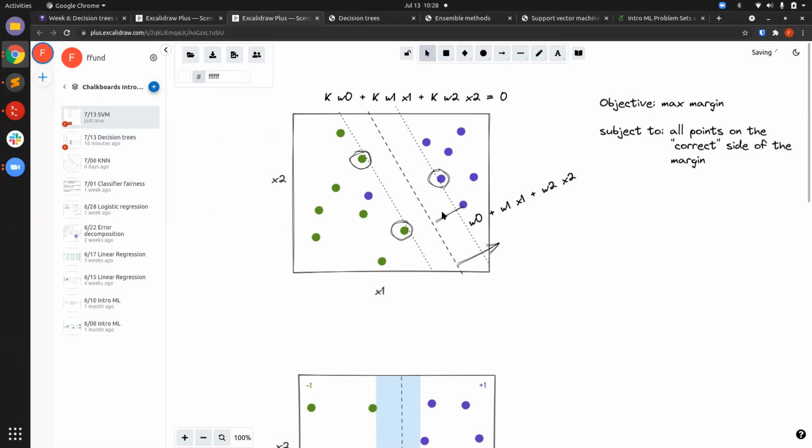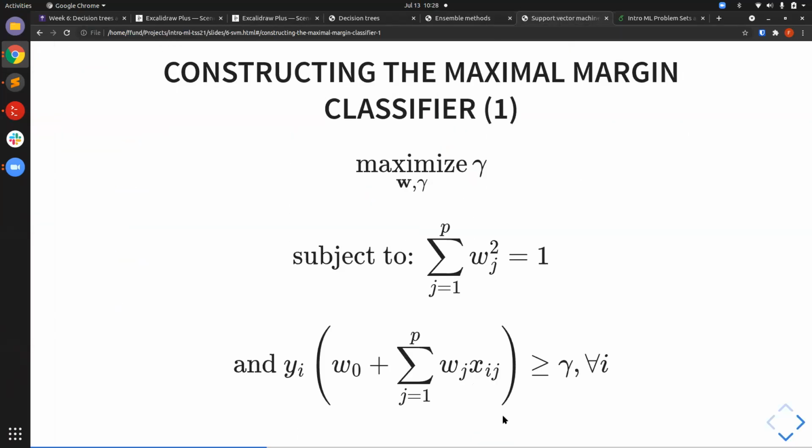A negative sample will go in the other direction. And so this constraint says that the distance from a point to the hyperplane should be at least gamma. And of course, it should be on the correct side. So this is the objective function for the maximal margin classifier.